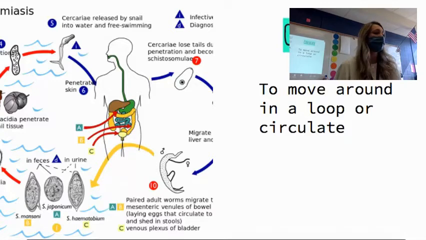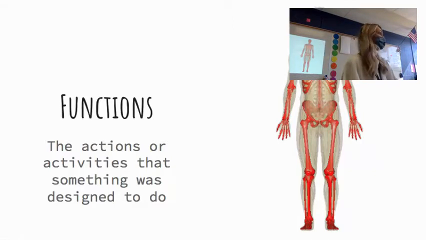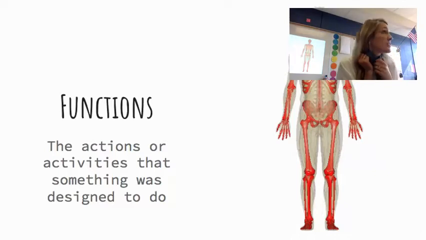Our next word is going to be the word functions. What's our word? Function. These are the actions or activities that something is designed to do. So your eyes' function is to what? See. Their job, their function is to see. Your nose's function is to smell.